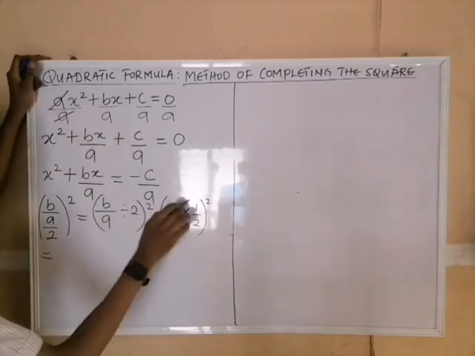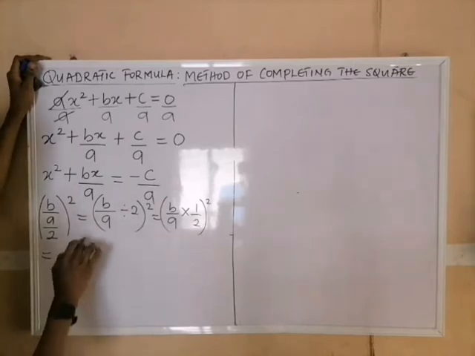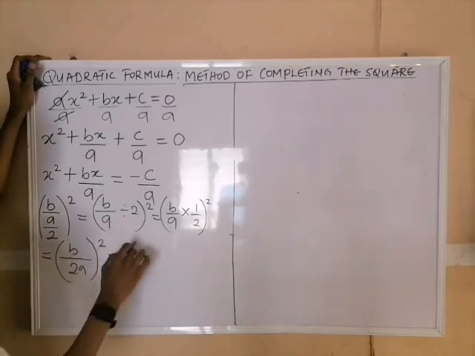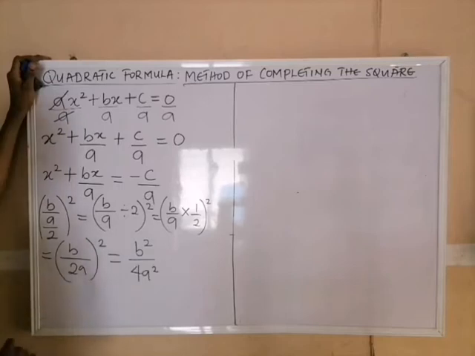Which becomes b times 1, b, upon a times 2, 2a, all squared. So I'm going to have b squared over 4a squared.